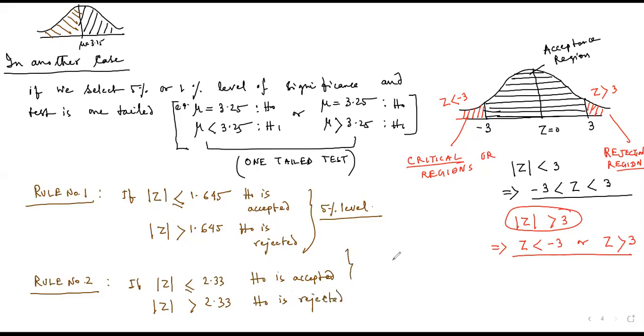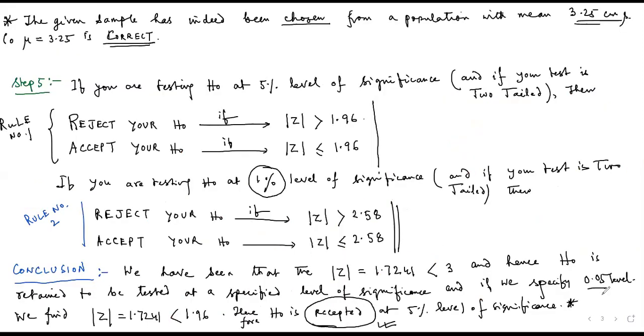This happens when the hypothesis is tested at 1% level of significance. So this is the rule which you have to keep in mind always to test the hypothesis for different cases for large samples.